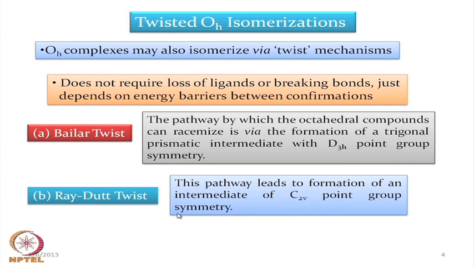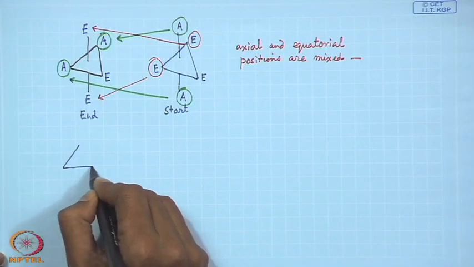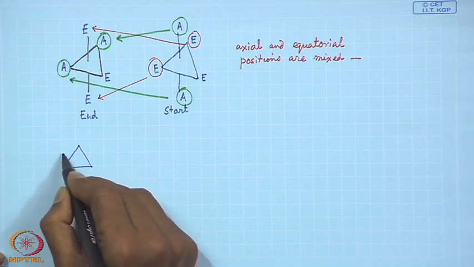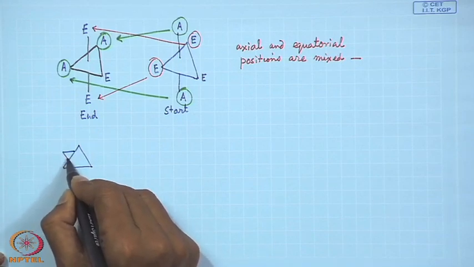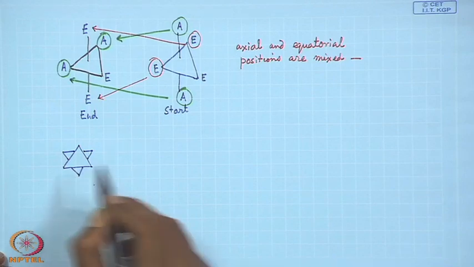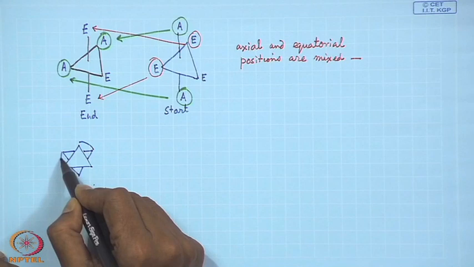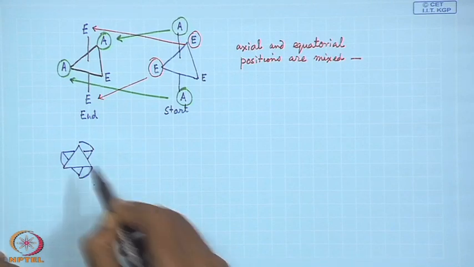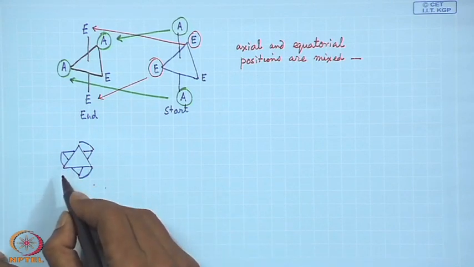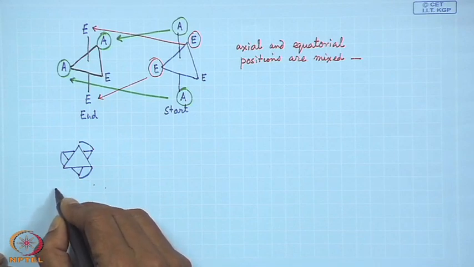So, what we basically get out of these is this octahedral triangular face we know, and in a staggered fashion, if all three are bidentate ligands, we get this as the corresponding trigonal antiprismatic structure.